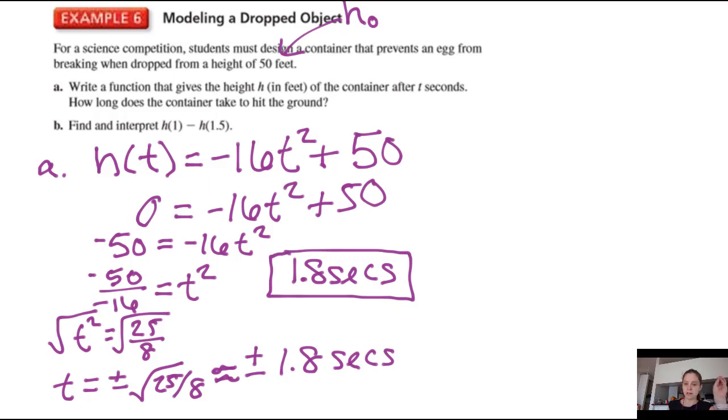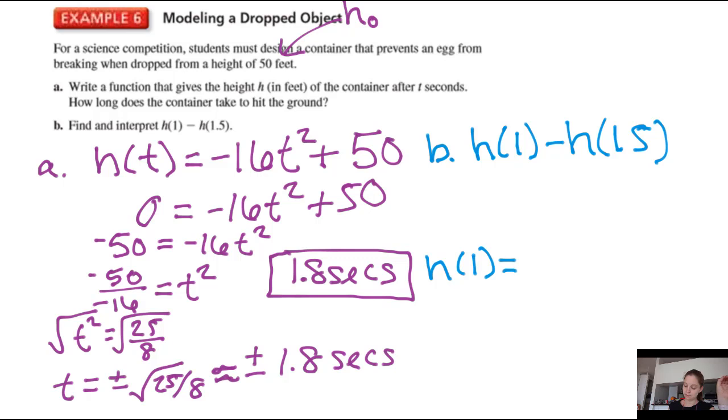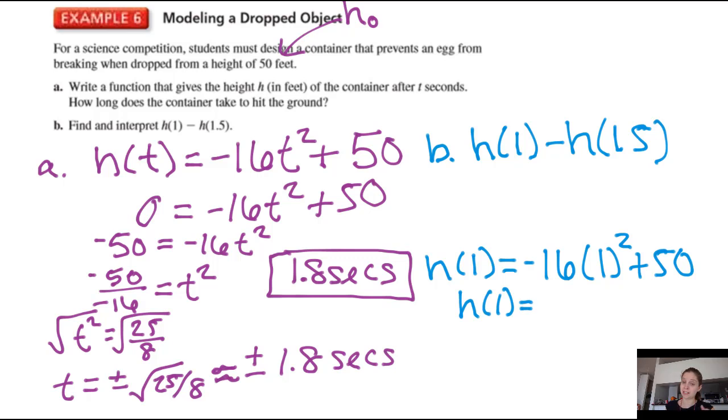And question B, find and interpret h of 1 minus h of 1.5. So for B, I'm taking h of 1 minus h of 1.5. To find h of 1, I'm going to plug 1 into my function. So we have negative 16 times 1 squared plus 50. And h of 1, I just put that in my calculator.